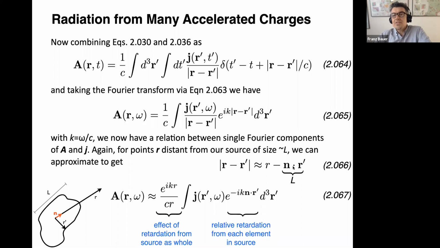And we just have R. If it isn't, then we have some perturbation on R, and this thing maximally will be proportional to L, or half of L. But more or less it's of the order of L. And so we can make this approximation and pull out this portion, which is the effect of the retardation from the source as a whole, and then this portion, which is from each individual element, just assuming that this is a perturbation on the whole thing.